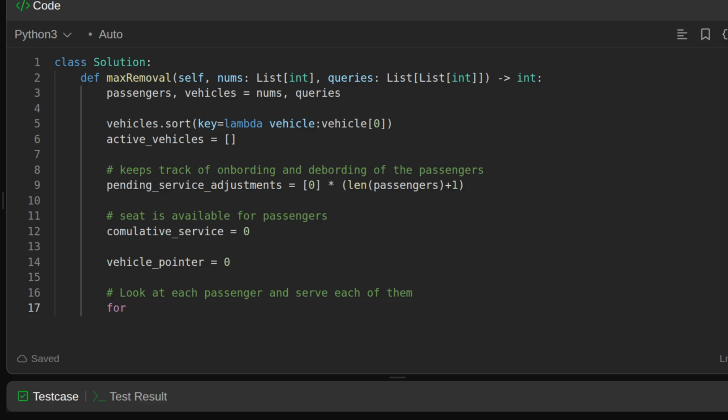So for looking at all the passengers, I will be using for query index and passenger count. Query index, or we are not using queries, so vehicle index. So for vehicle index and passenger count, okay, just use q index, because this is just an index.